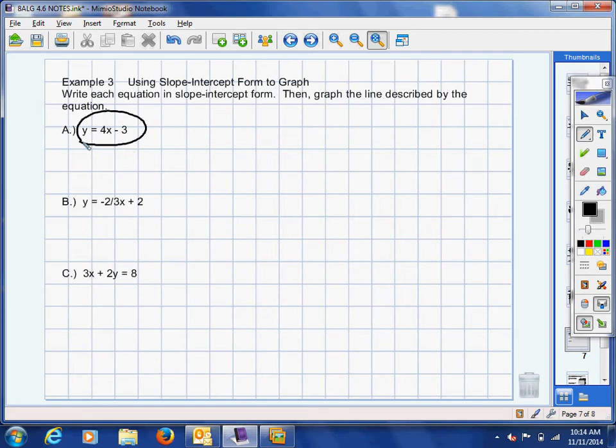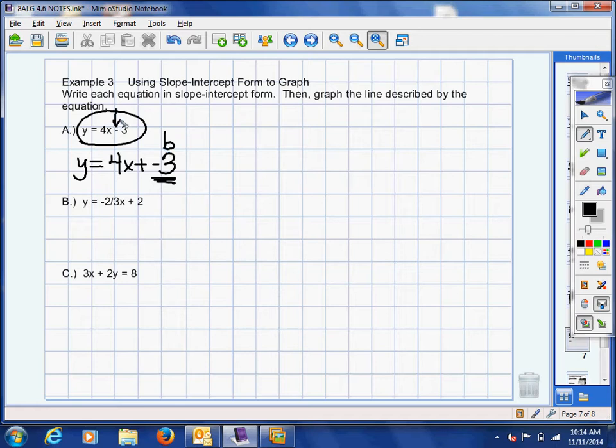Is this equation, y equals 4x minus 3, already in slope-intercept form? Yes, it is. Now, just for clarification, I'm going to rewrite my subtraction as addition so that you clearly see that the y-intercept is going to cross at -3, not just at +3.